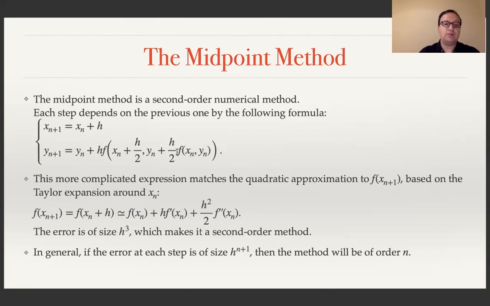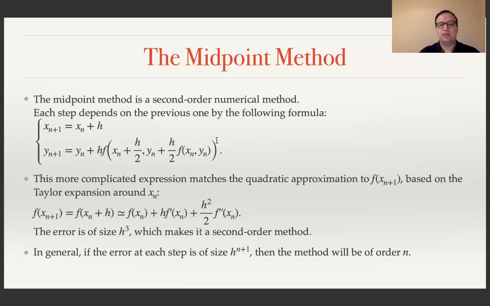So we have to compute the value of the function f 2 times at each step. So we have f of x_n and y_n, and then we have f of this complicated expression.